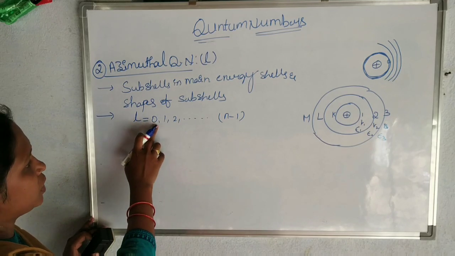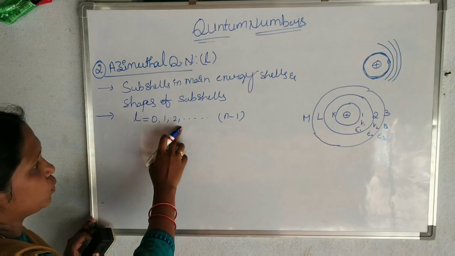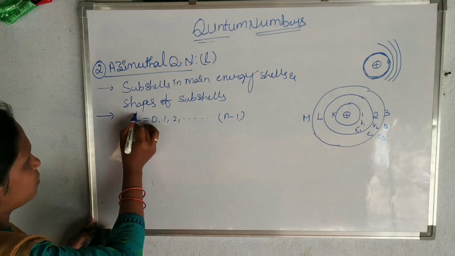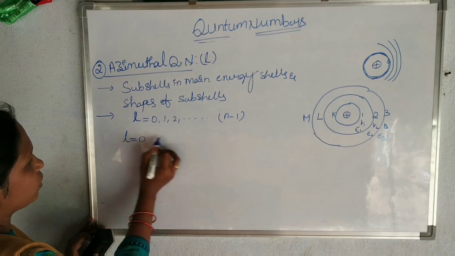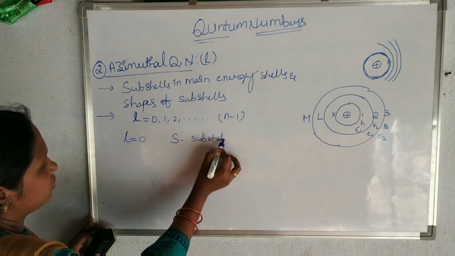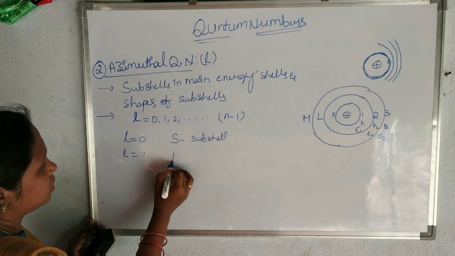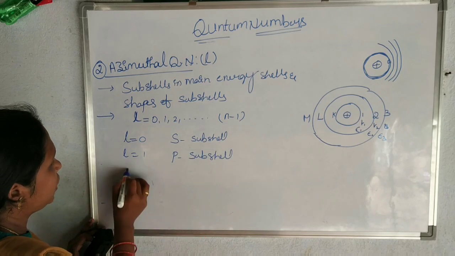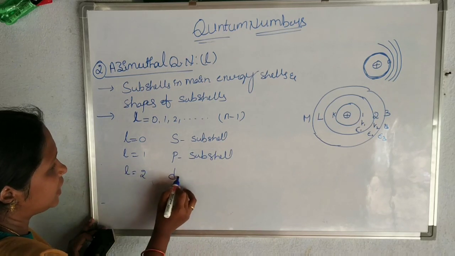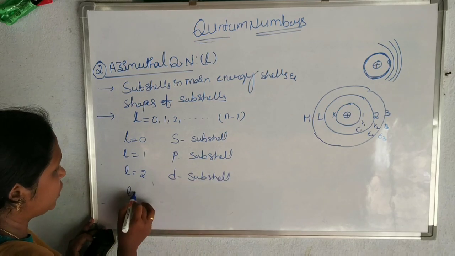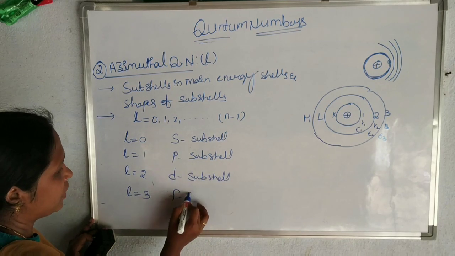And those are the subshells. If L equal to 0, we call that an S subshell. L equal to 1, P subshell. L equal to 2, D subshell. And L equal to 3, F subshell.